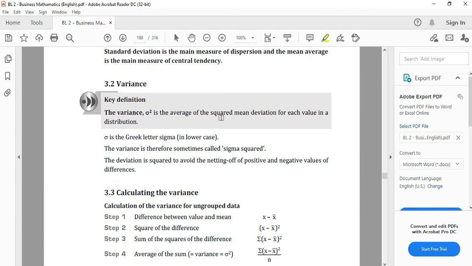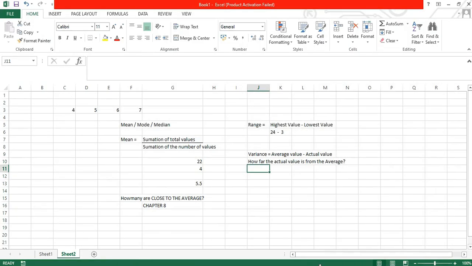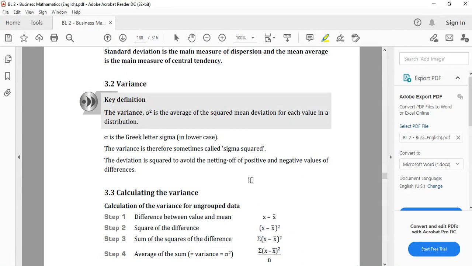Variance is the average of the squared mean deviation for each value in a distribution. You must have thought, well, calculating a variance is simply the difference between the actual and the average. Well, it is. However, we cannot get it straight away in that manner because we need a proper representation of the spread of values across the average. So we cannot go in a straightforward way, average minus the actual.